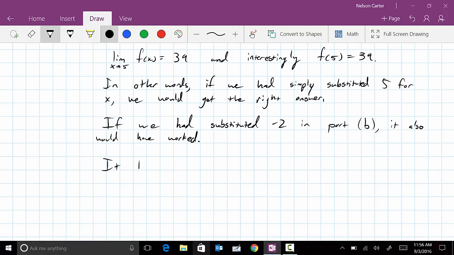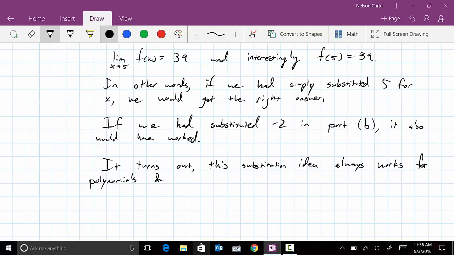So it turns out this substitution idea always works for polynomials and rational functions, as long as the a value, in other words, the value that x is approaching, is in the domain of f of x.